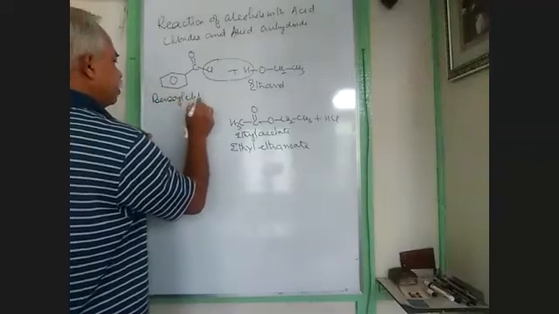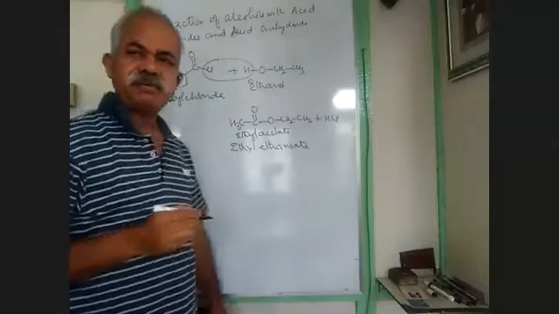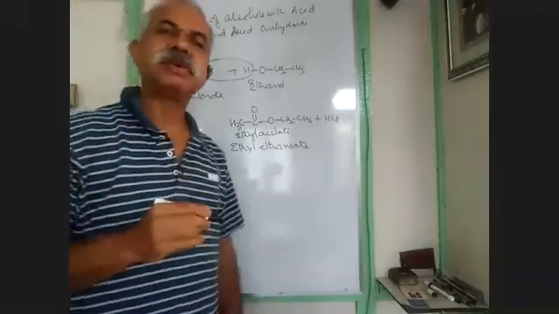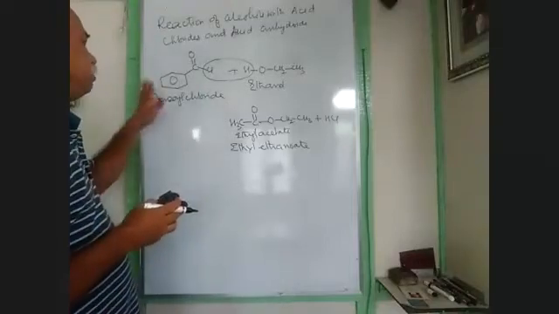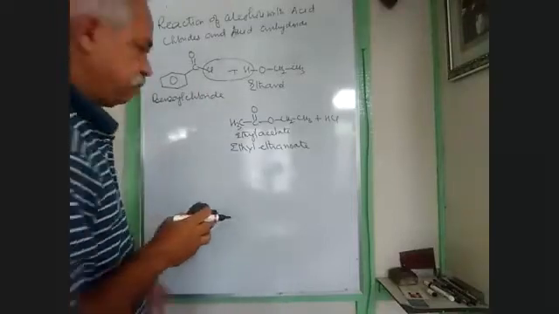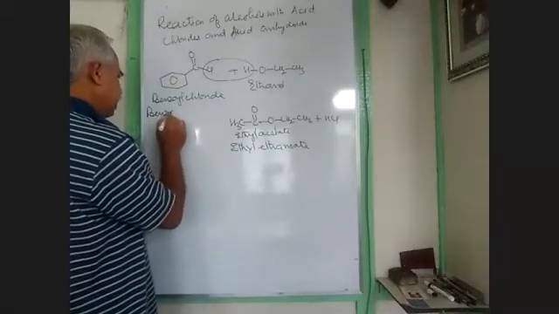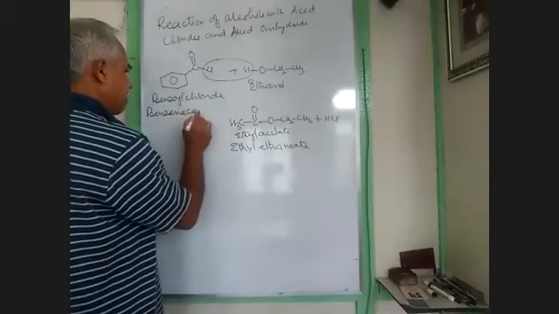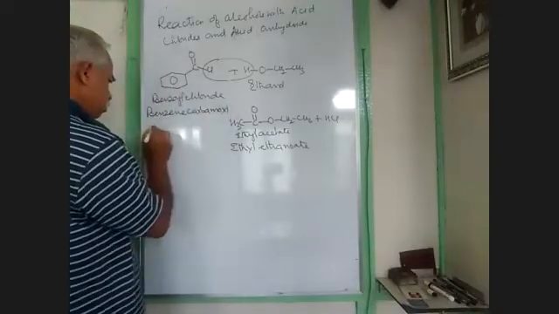It's a common name. I'm not going to write the IUPAC name because you will not be able to remember it. But anyway, I'm just telling you, it is called benzene carbonyl chloride. Okay, I'll write it for you. Benzene carbonyl chloride.